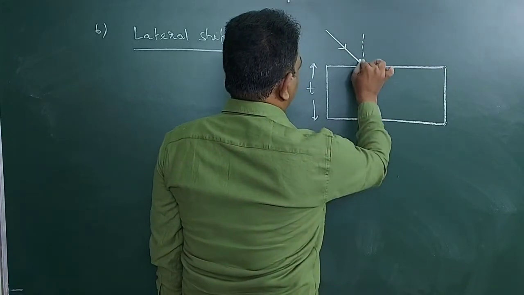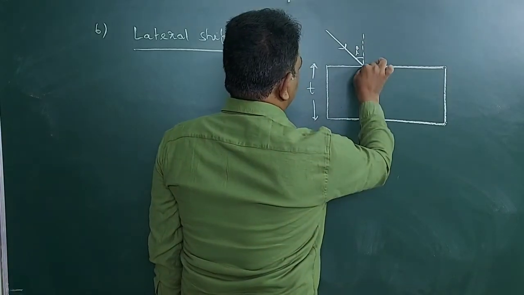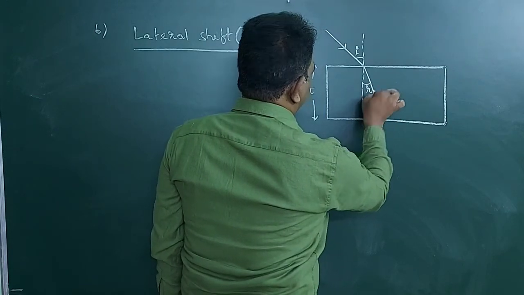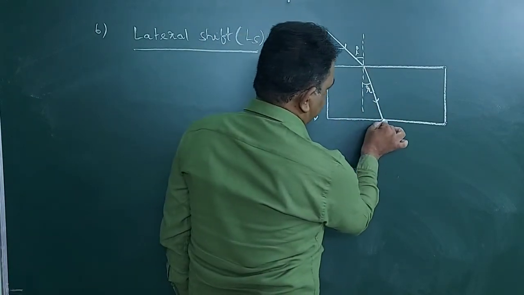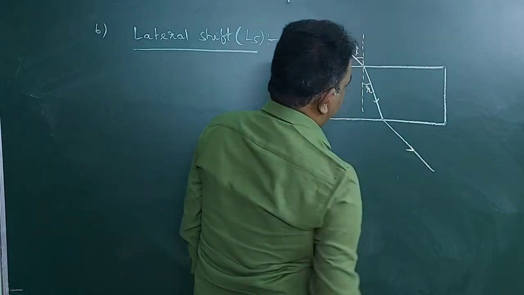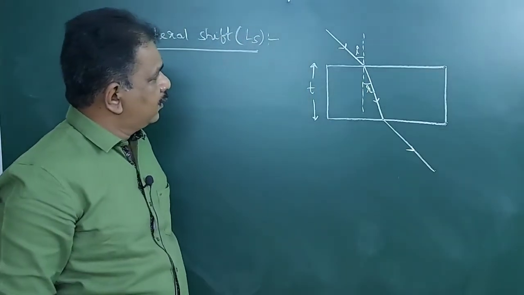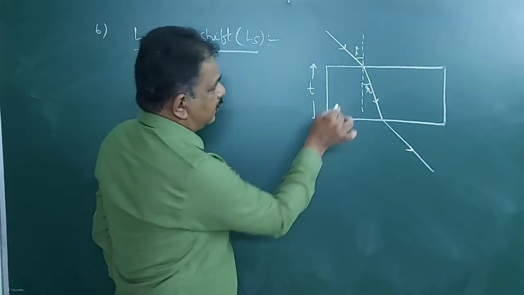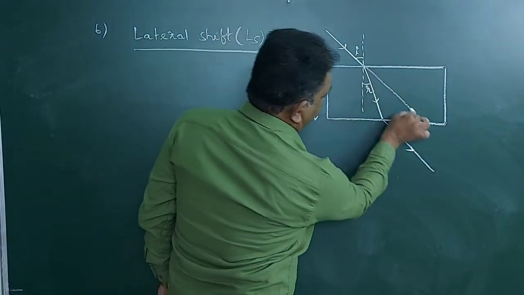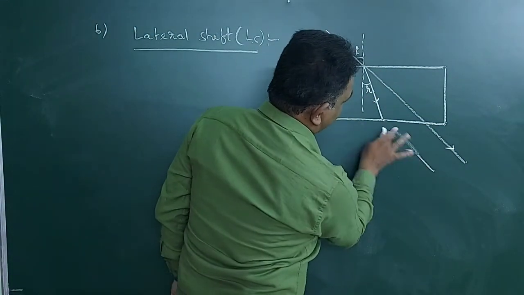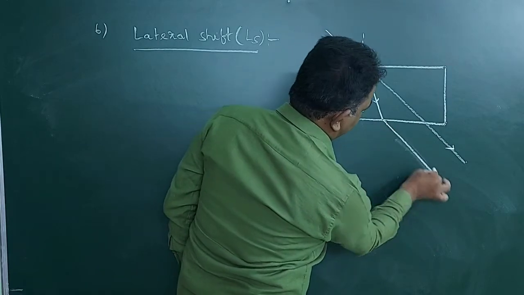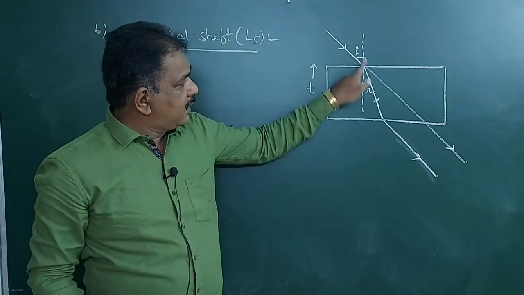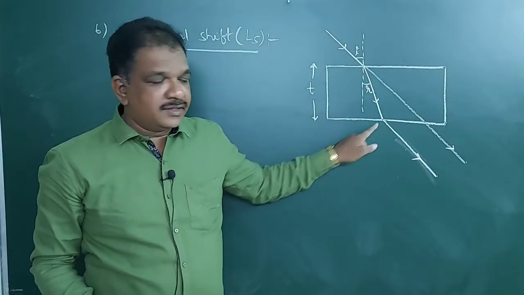This is the normal drawn here. Then it will bend like this. This angle will be the angle of refraction R and it will go like this. Then if this glass slab is not there, this light ray will travel like this. These two will be parallel. Because of this glass slab, this light ray came like this.